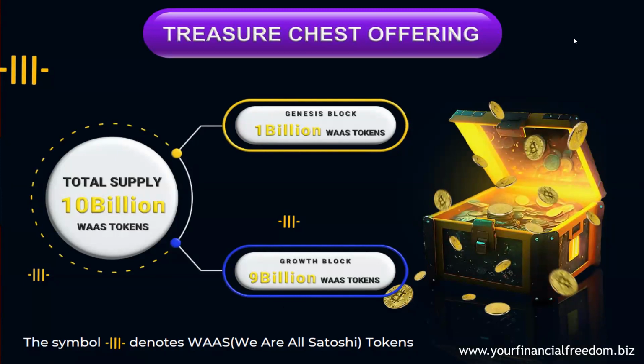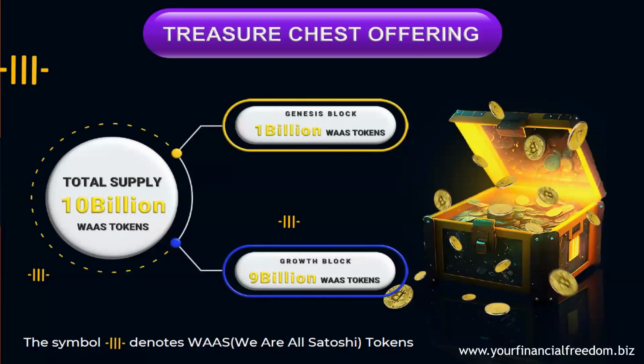Okay, so we have the treasure chest. Within the treasure chest, you have 10 billion tokens. With the 10 billion tokens, you have the Genesis block and you have the growth block.